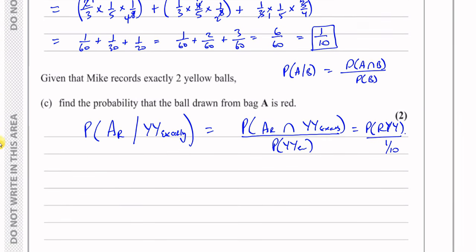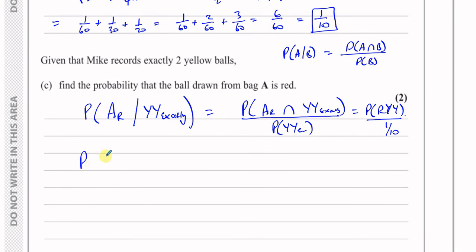So the answer is 1 over 60 divided by 1 over 10, which is 1 over 60 times 10 over 1, which is 1 over 6.